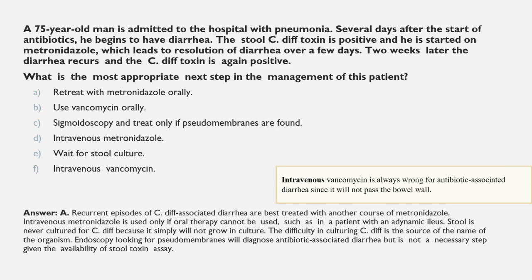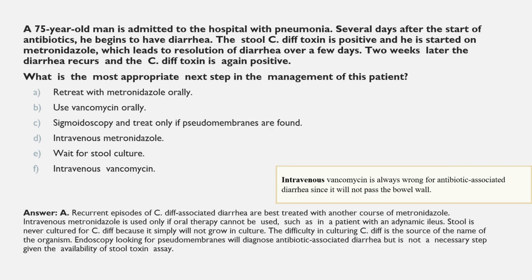And you can see the answers are A, retreat with metronidazole orally, B, use vancomycin orally, C, sigmoidoscopy and treat if pseudomembranes are found, D, IV metronidazole, E, wait for stool culture, and F, intravenous vancomycin.